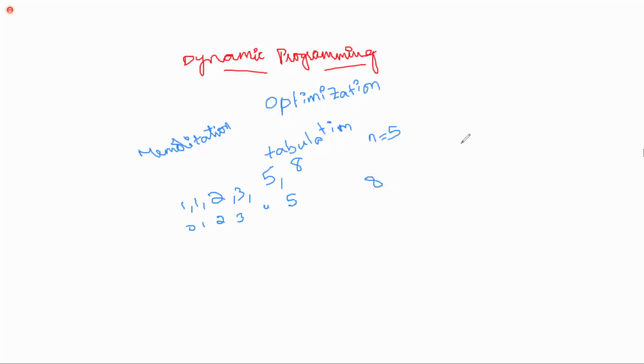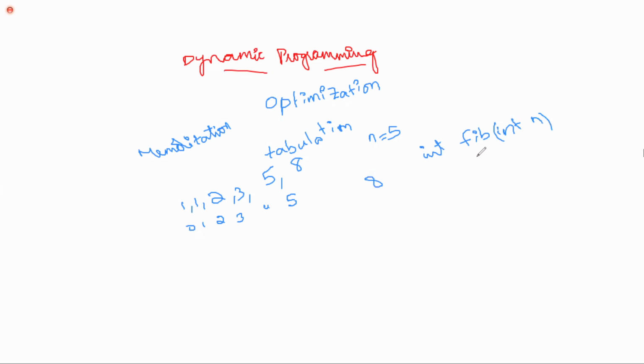Generally, function fib, the return type I am considering as integer, int fib of int n. I am passing an integer value as my argument.